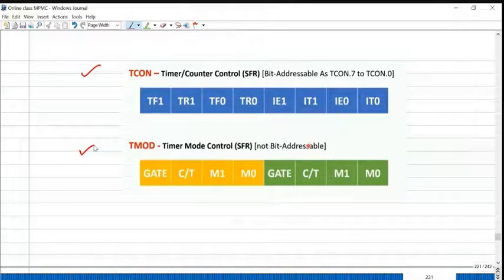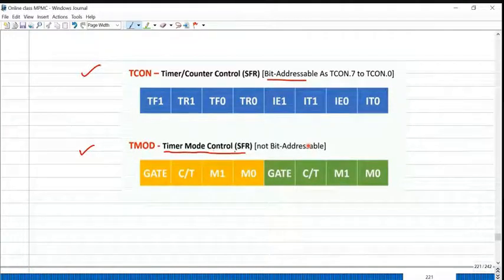For timer counter operation, there are two important special function registers available. One is timer counter control. This is bit addressable as well as byte addressable. Bit addressable means an individual bit can be accessed. The other is the timer mode control register. By looking at this name itself, we can get some idea whether the timer acts in timer mode or counter mode.